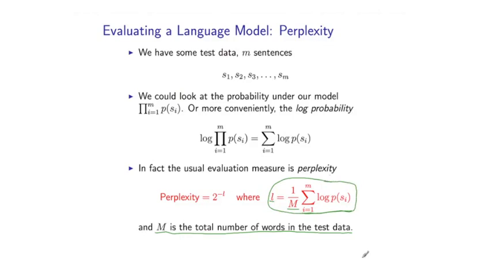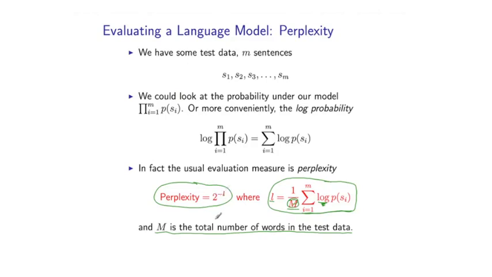It's a quantity which is now normalized with respect to the length of the test data sentences, so in some sense it is stable with respect to the length of the test examples. This log, by the way, is going to be defined as log base 2. And the perplexity is now defined as 2 to the minus L. So I take this log probability, I divide by the number of words, and then I raise 2 to the minus L.